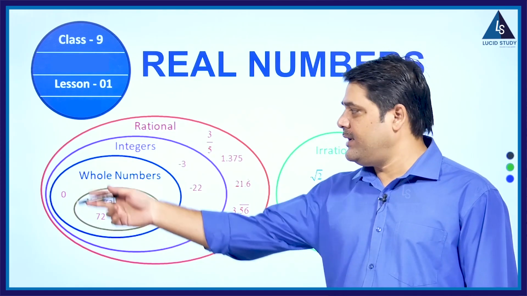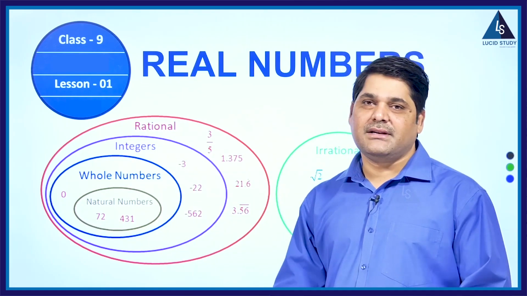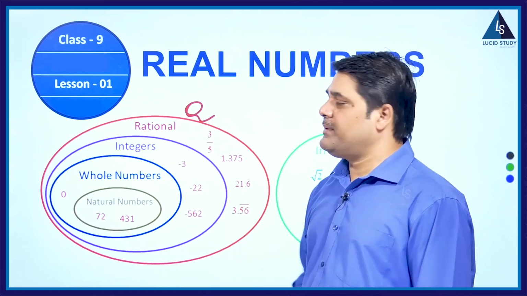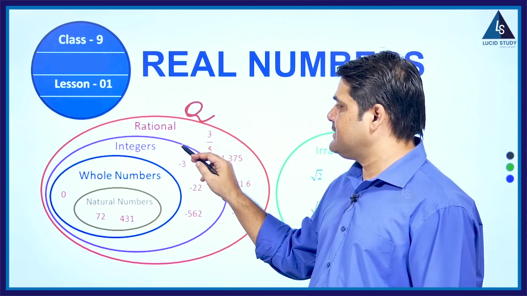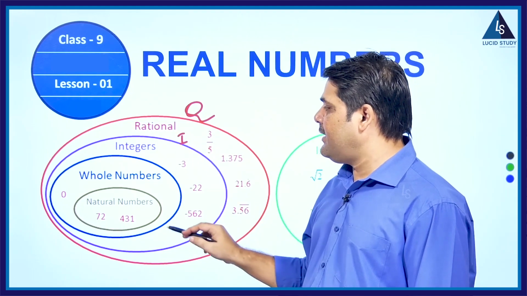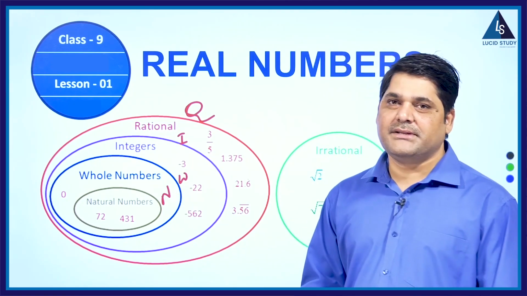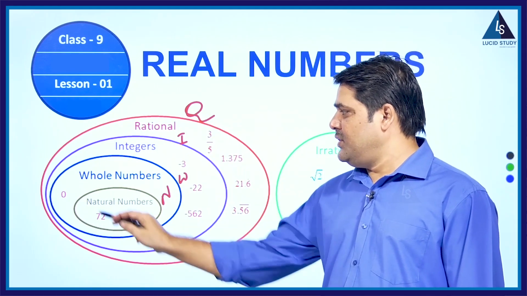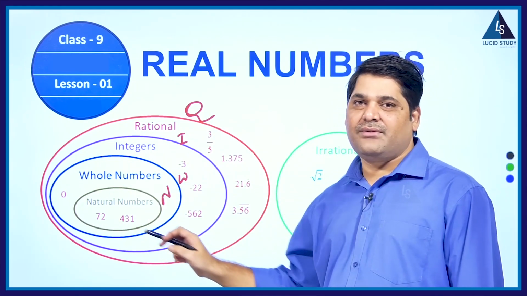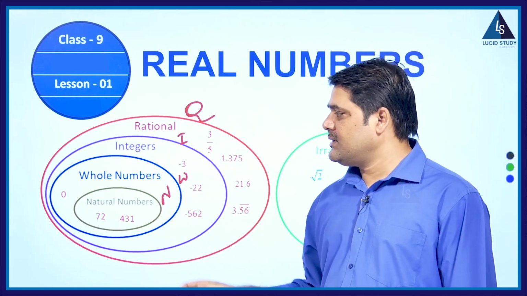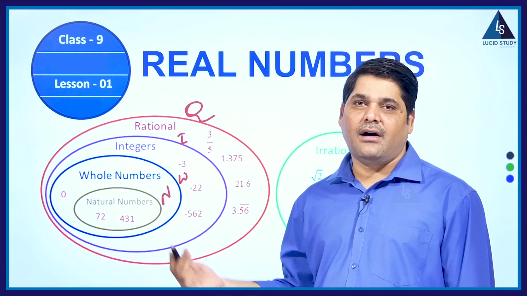All these are said to be rational numbers. This is the biggest one. Rational numbers are represented with Q, integers with I, whole numbers with W, and natural numbers with N. Right children? So this huge set contains all the numbers. In the rational numbers you have natural numbers, whole numbers, and integers all together.